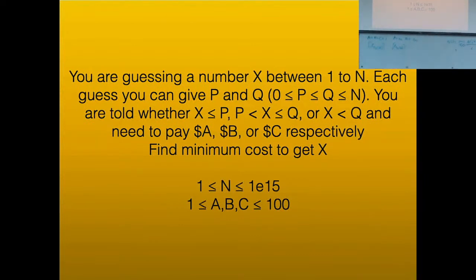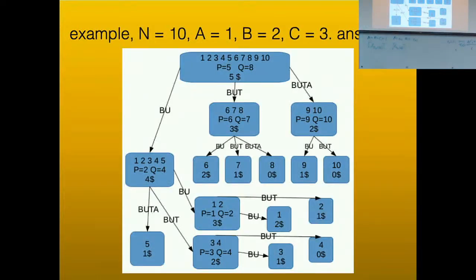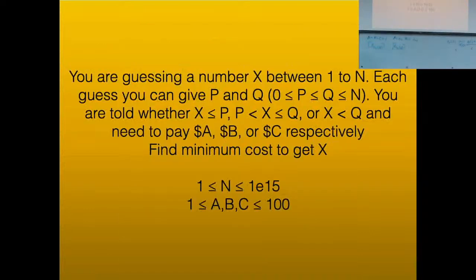The n can be very big, so you cannot do DP on n. How do you solve it?